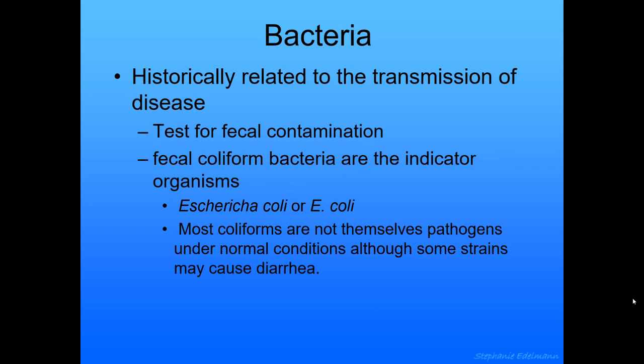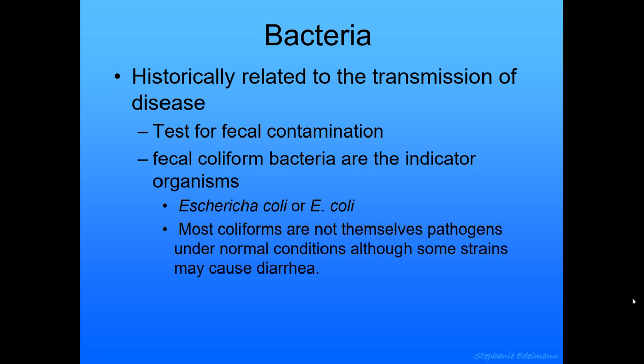Now, when you're looking at bacteria, the one that you're looking for most of the time is E. coli, Escherichia coli, because what you're mostly interested in is whether there's fecal contamination. And so E. coli, Escherichia coli, is a fecal coliform bacterium, coliform because it comes from the colon. They are the indicator organisms for that.